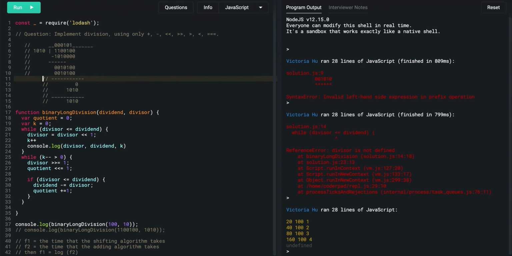And then we want to left shift our quotient again.